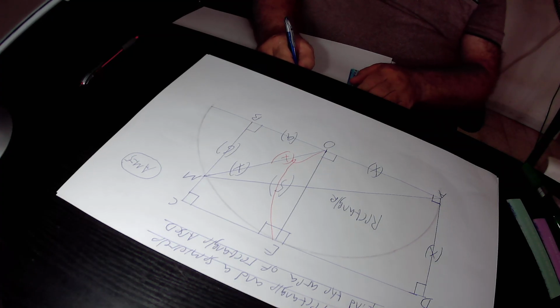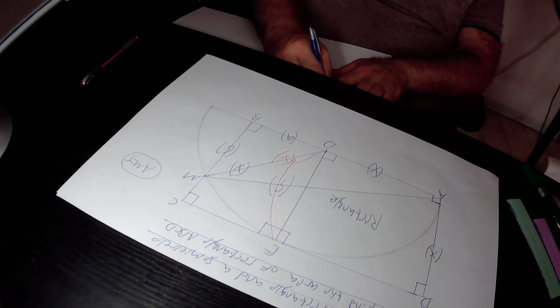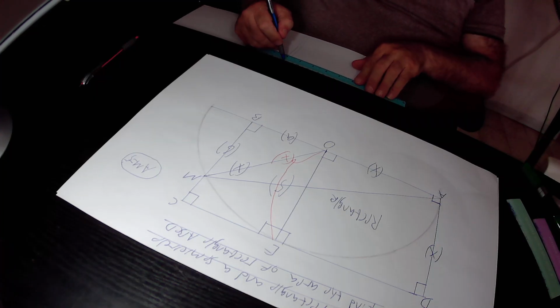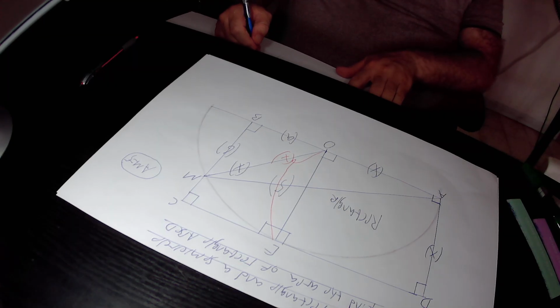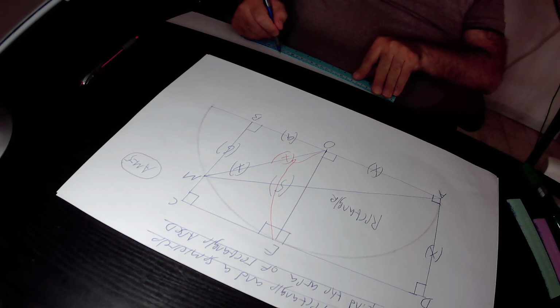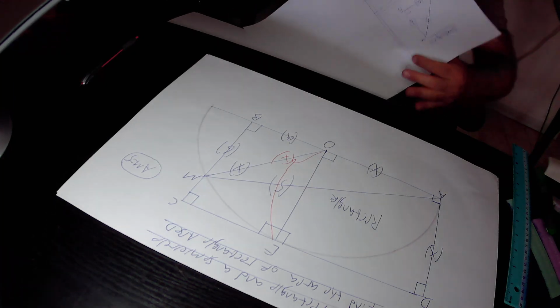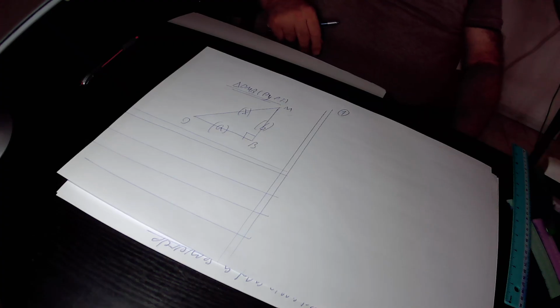Here, PT is the relation for Pythagorean theorem. So finally, this is the right triangle OMB that I copied from the original drawing.